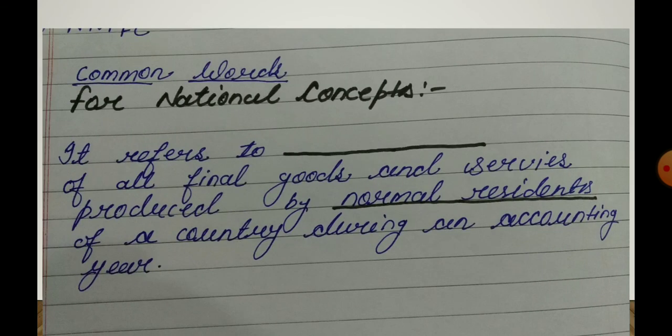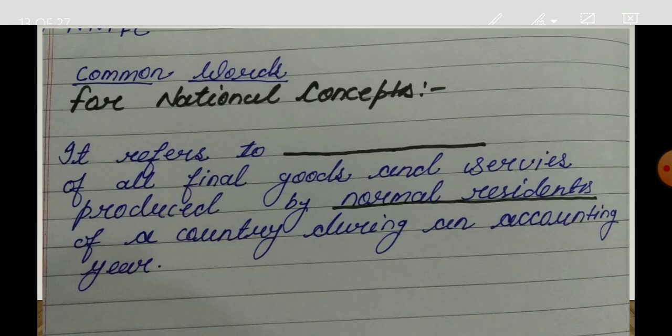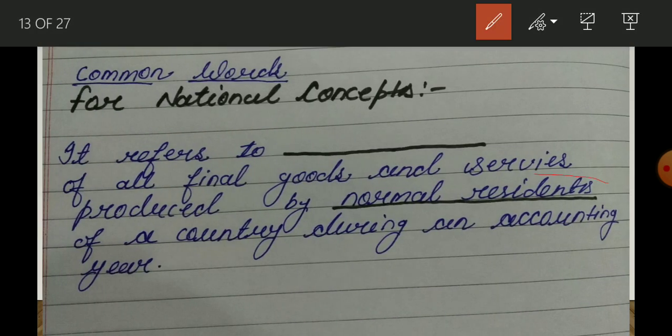What will be the common line for national income? Just there will be a change here. In the domestic concept we had written it refers to all final goods and services produced within. Here we are going to write produced by normal residents. Why?